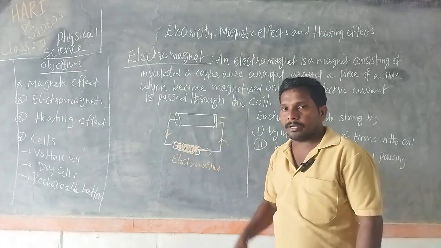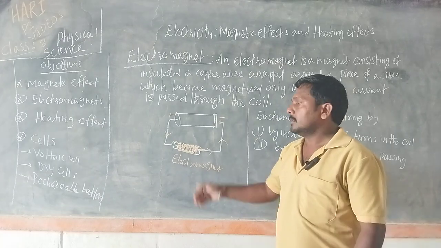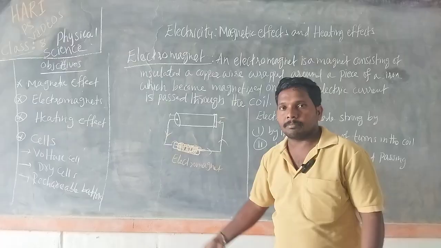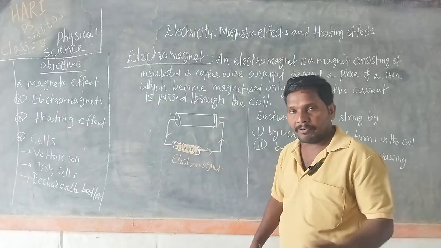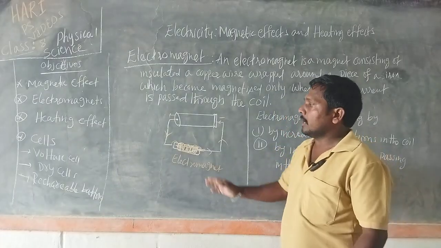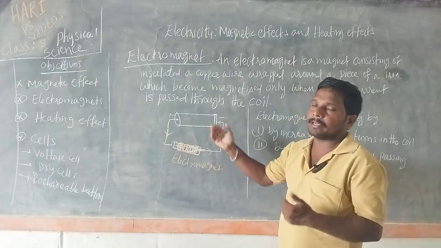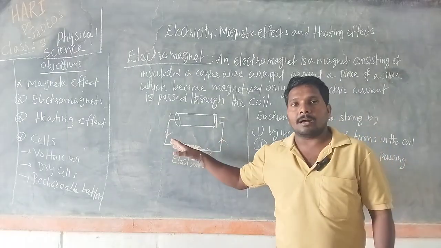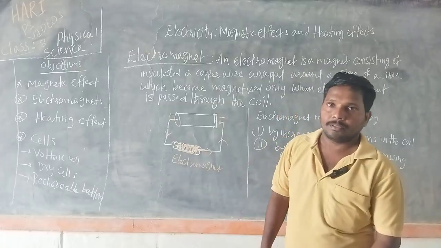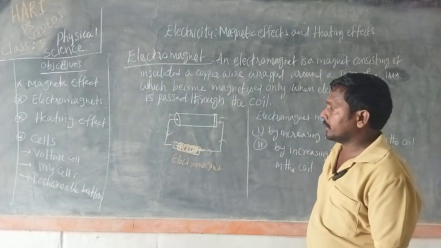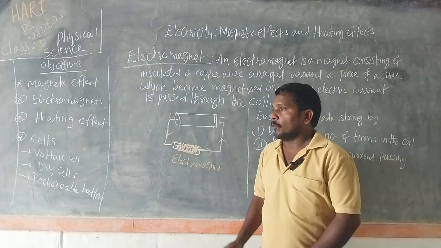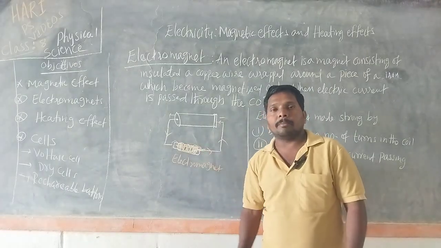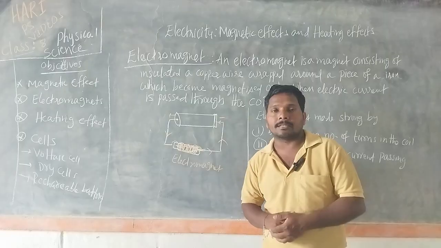When we switch off the flow of electric current, it loses its magnetic effect, magnetic property or magnetic character. So that's why electromagnets are temporary magnets. Here, why should we use only iron or soft iron for making electromagnets?